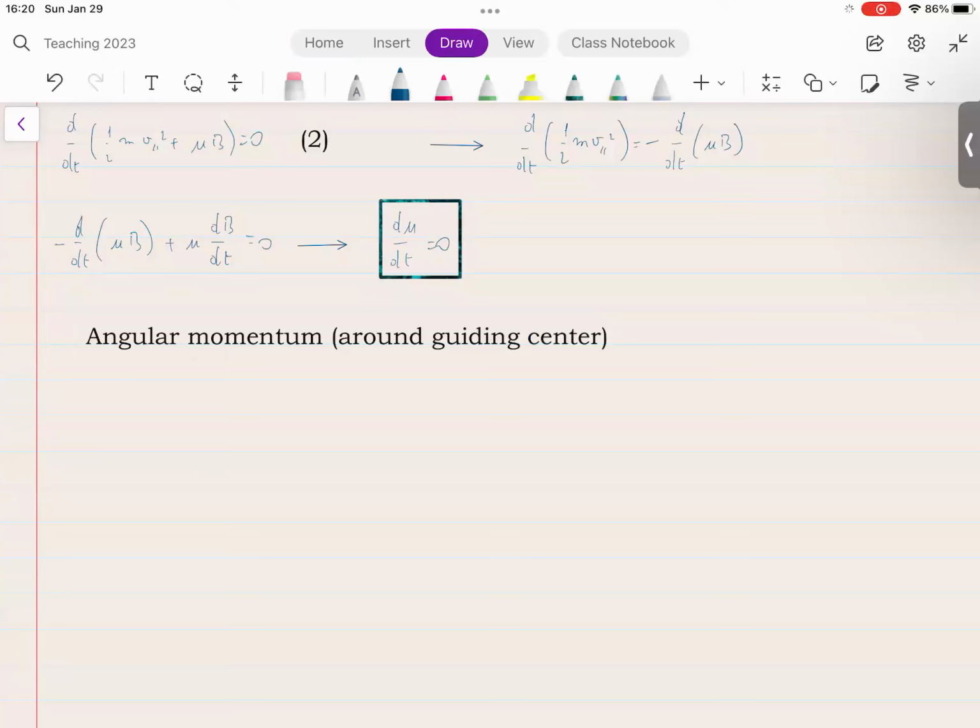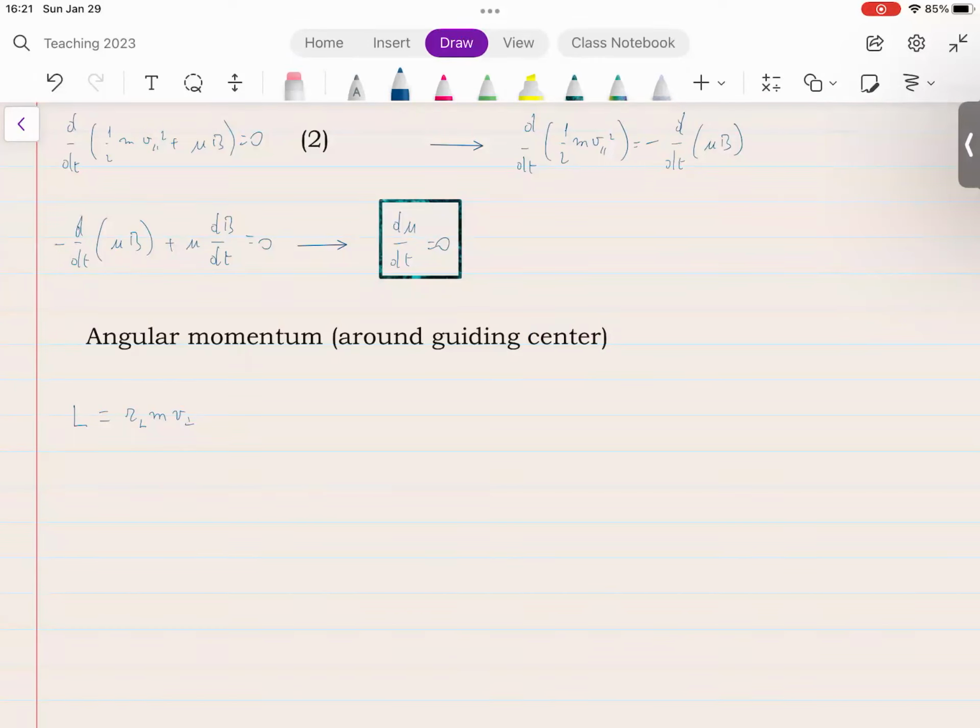That angular momentum, I'm just going to write the absolute value, is going to be given by r, which is the Larmor radius, times m times v perp.